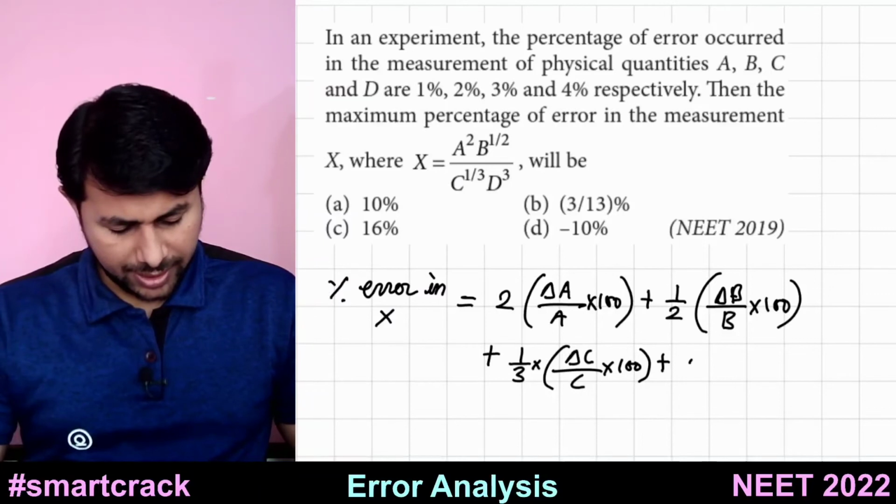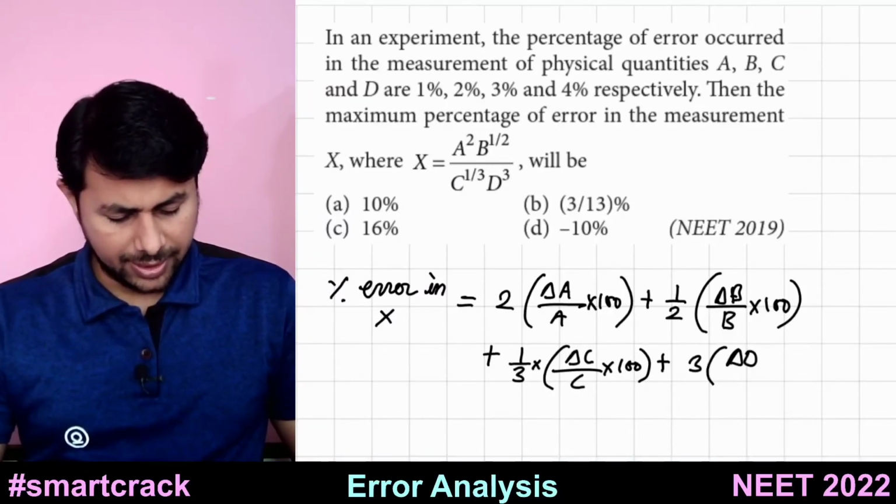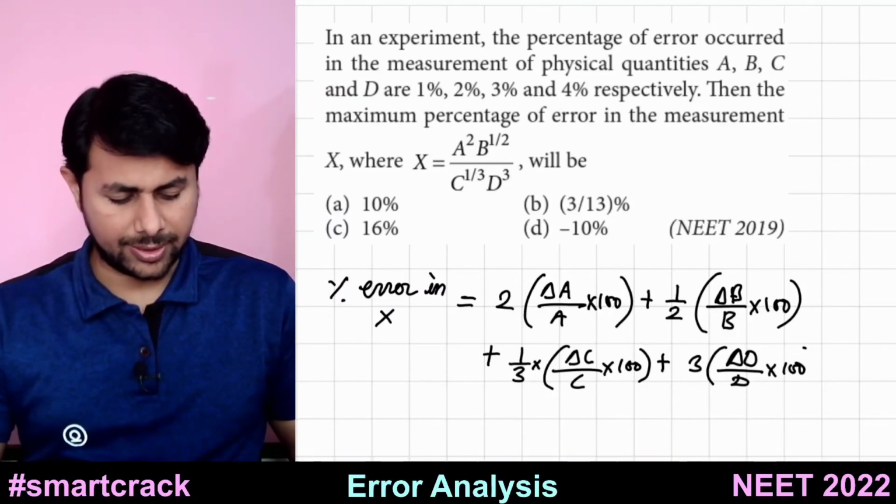Okay, so it is 3 times delta D upon D into 100.